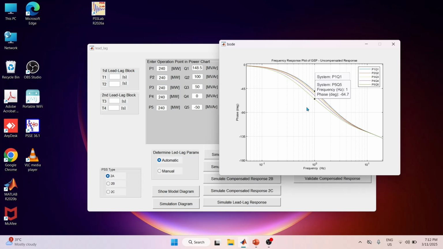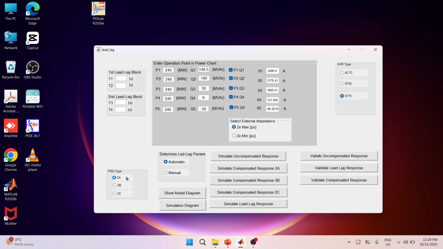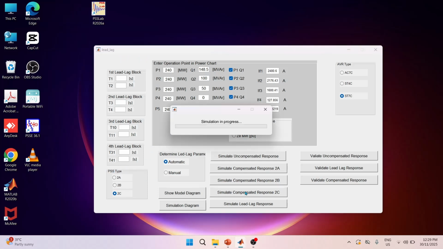In this video, we will use the PSS2C to simulate the phase compensation. First, I select the PSS type 2C, then all 4 lead lag blocks become visible. Then I click on Simulate Compensated Response 2C.